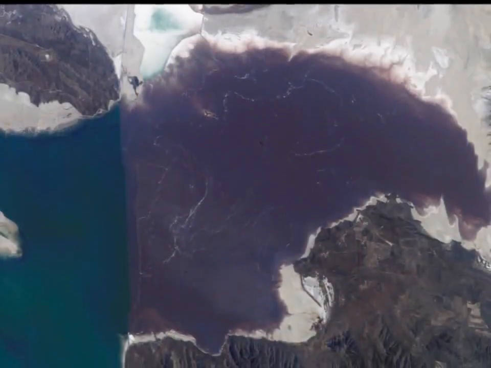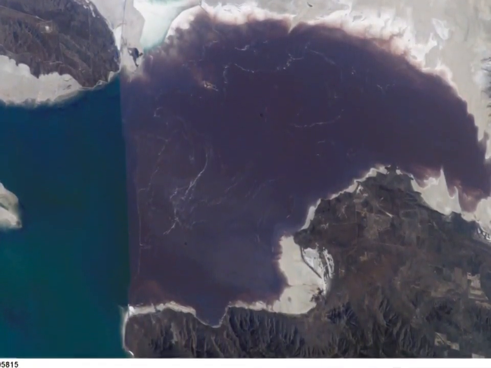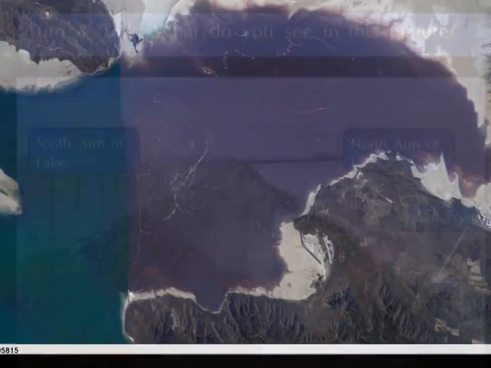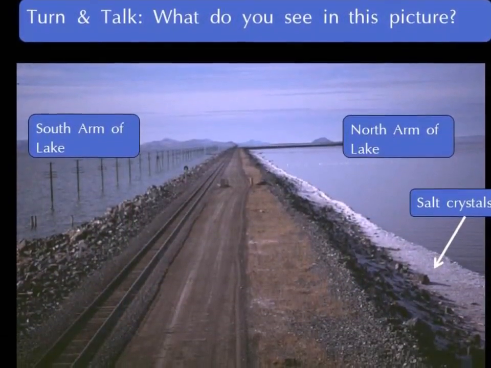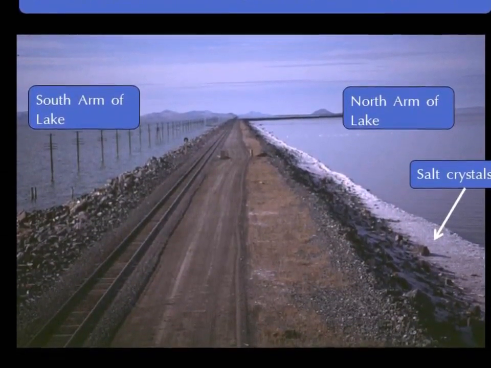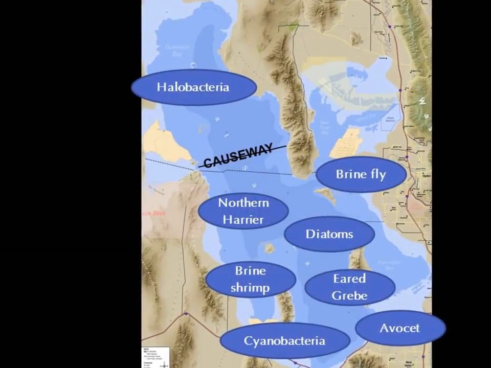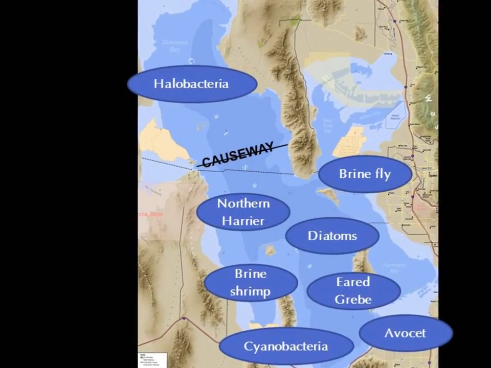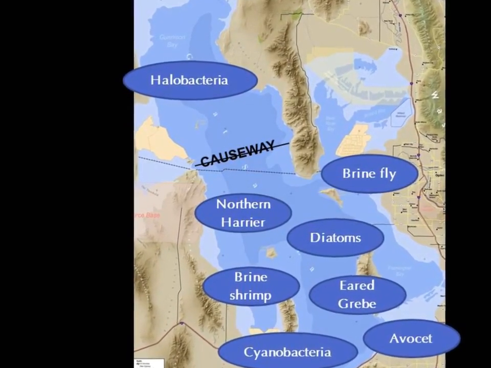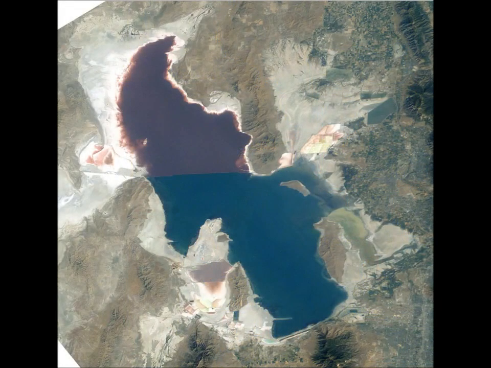So this is much saltier than the ocean. Halobacteria is like a pinkish color. It photosynthesizes, not with chlorophyll, but with this something rhodopsin. It's a pigment that it has. Halo does not live down here though because it's not salty enough. If you put it in this concentration, it will lyse. Water goes in and it pops. But down here there's a lot of biodiversity.